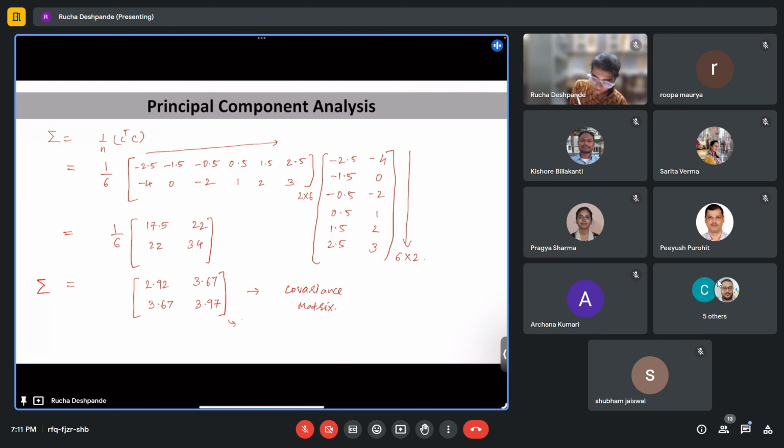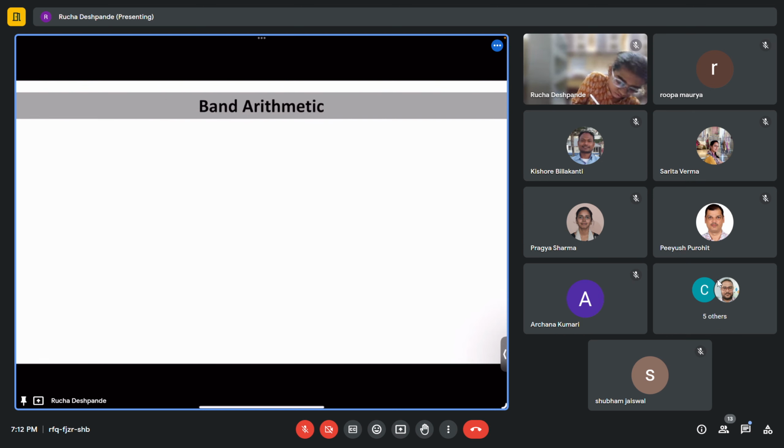So if we call this matrix M, then to find the eigenvalues, we need to calculate the determinant of M minus lambda I, and then equate it to 0. Then we'll get a quadratic equation which we solve to get the roots. I is an identity matrix.